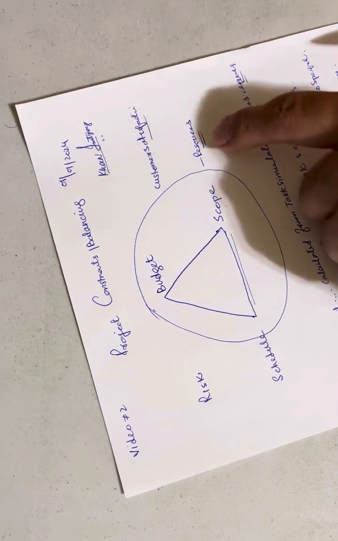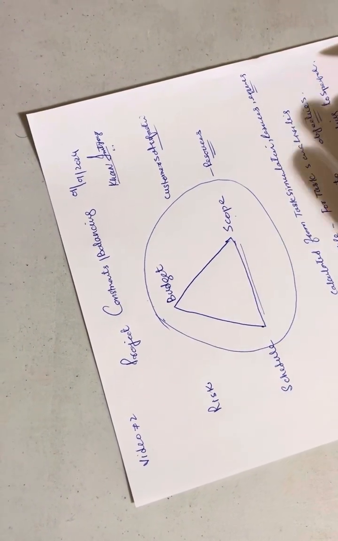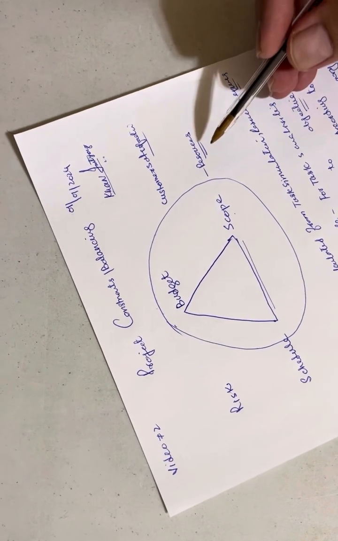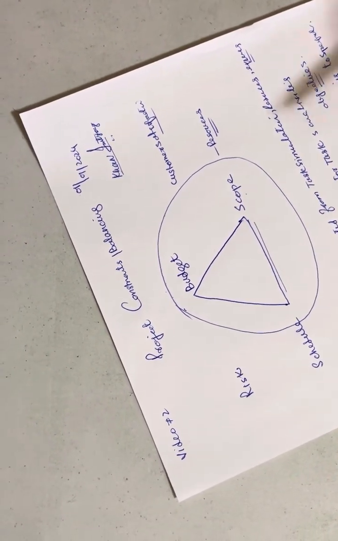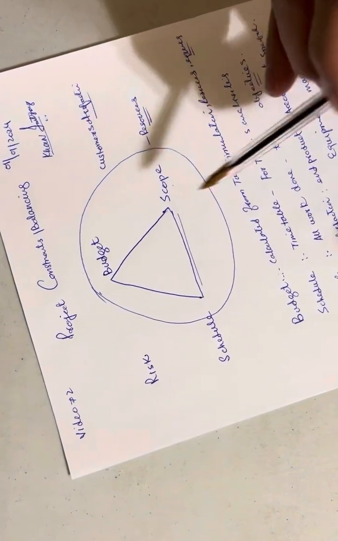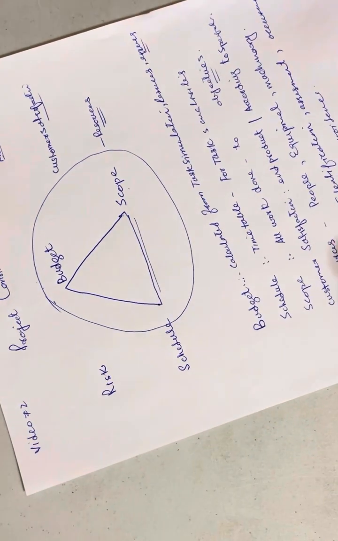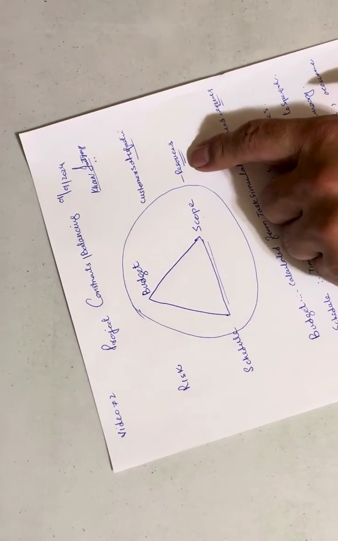And the resources are also a constraint: the people, equipment, machinery. Sometimes the machinery is late or not available, so the schedule is delayed. At the same time, the project manager will do other activities while waiting for the resources. So this is also a constraint.